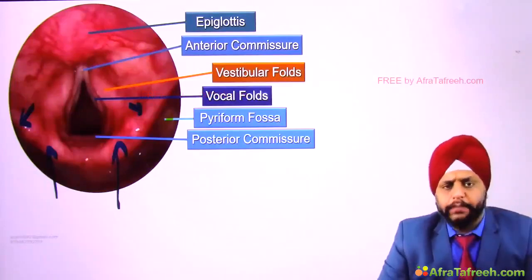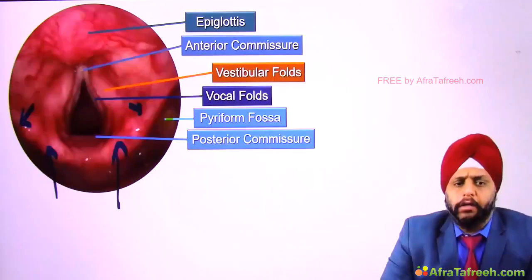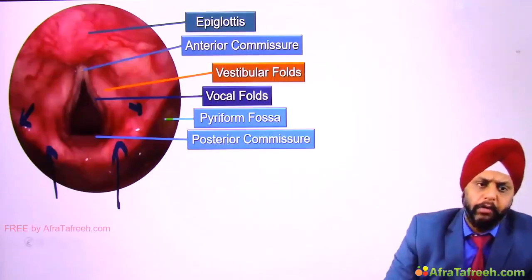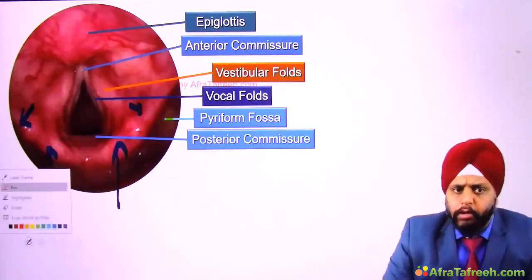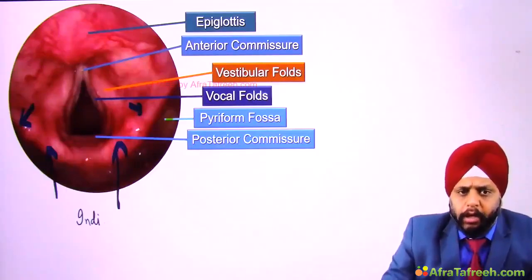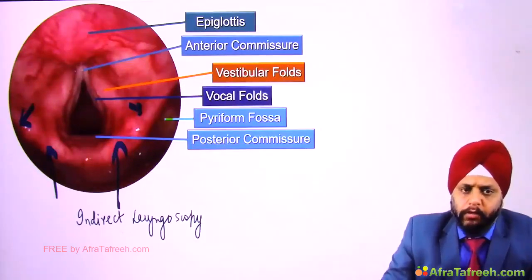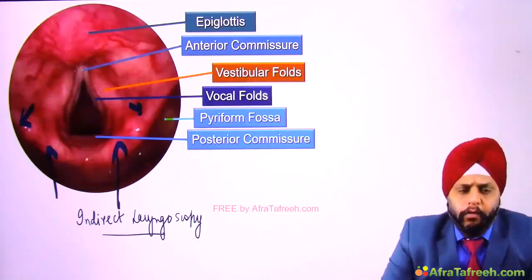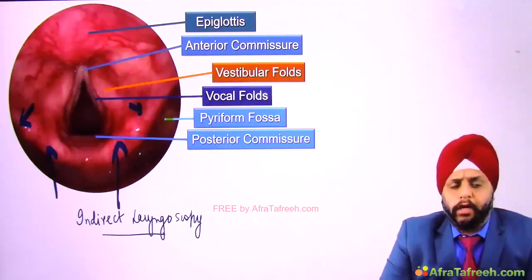And this is what is visible to us in the technique now known as indirect laryngoscopy. So this technique, we have abandoned the name of vocal cords, but we have kept the technique, and that technique is known as indirect laryngoscopy. This technique of examination with the help of an indirect laryngoscopy mirror is known as indirect laryngoscopy.